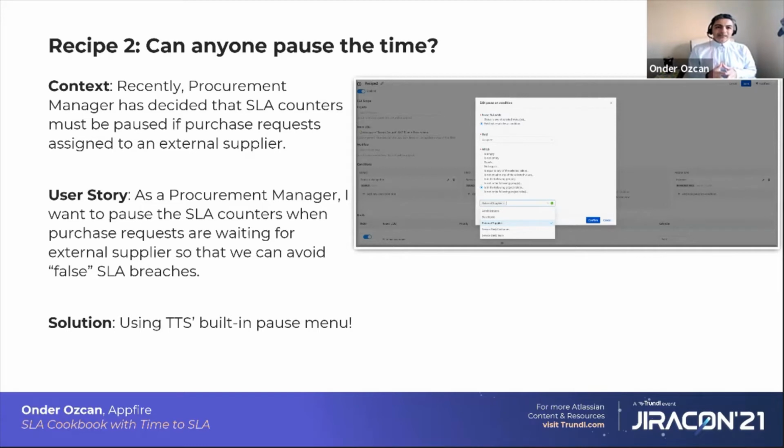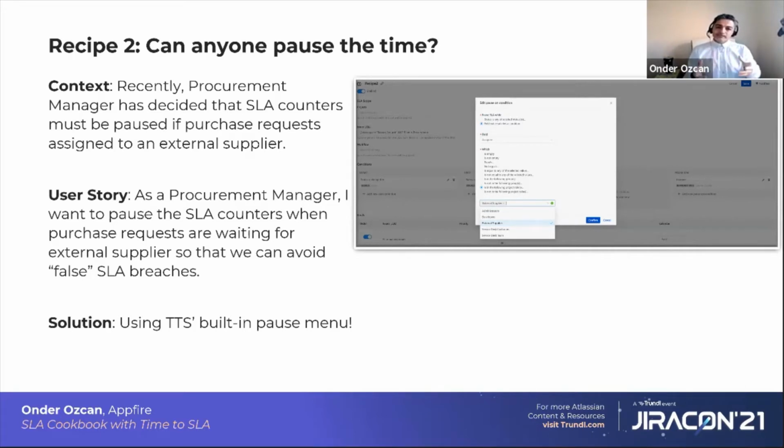Again, you might ask the question, why don't we use the built-in one? The answer is yes, there's a pause capability within the JSM's SLA functionality, but there is no option for choosing project roles or groups.